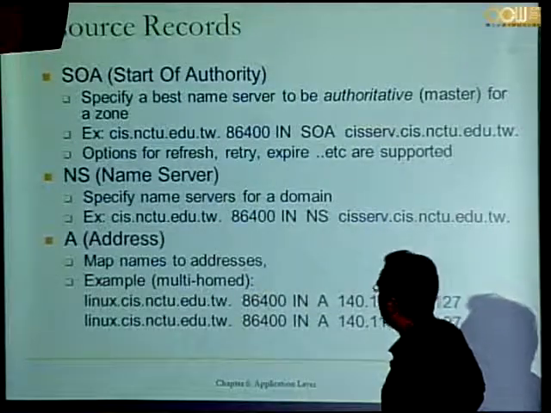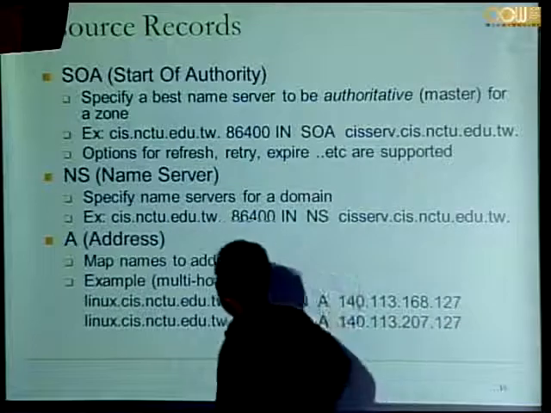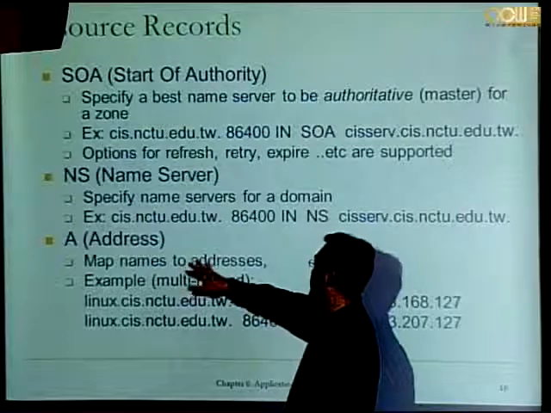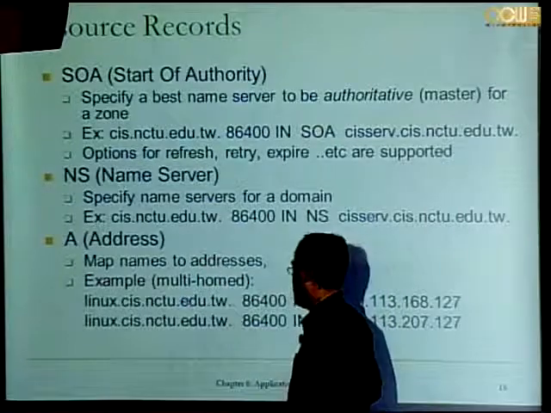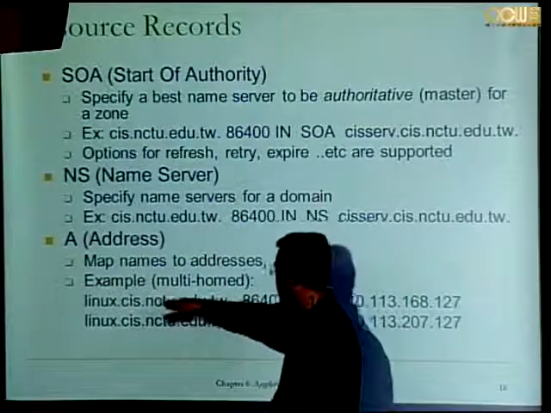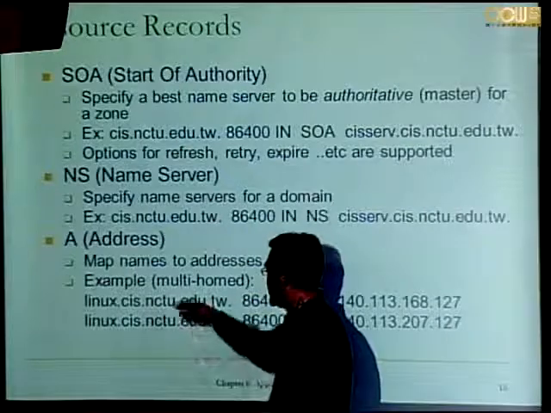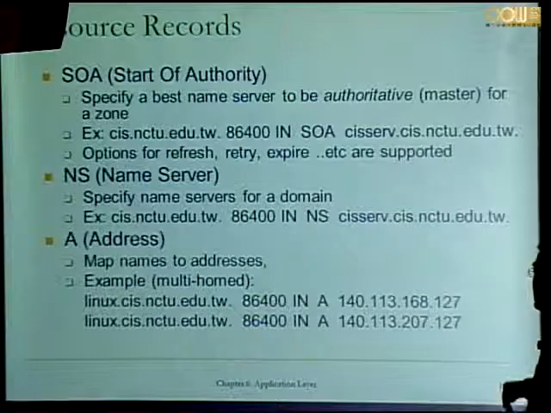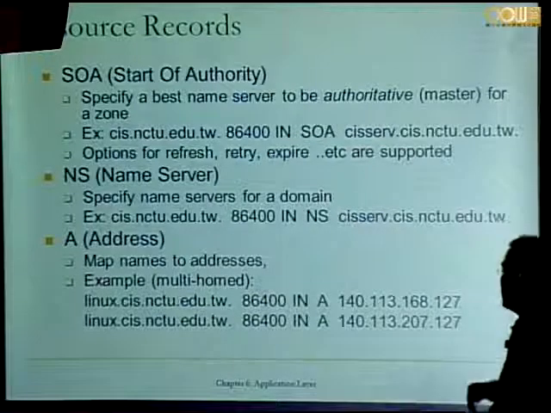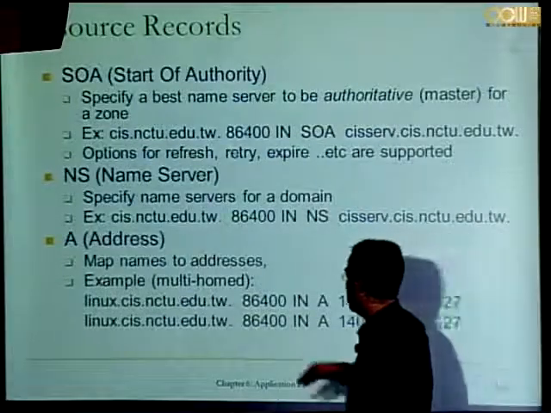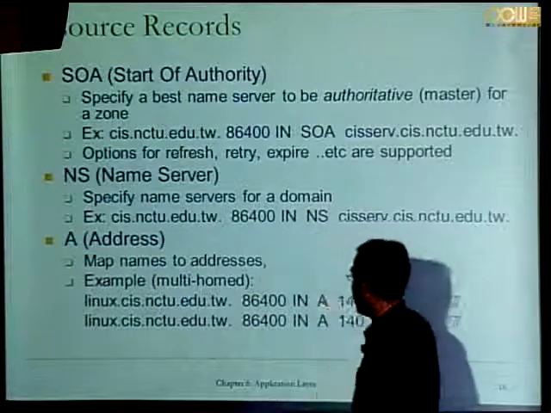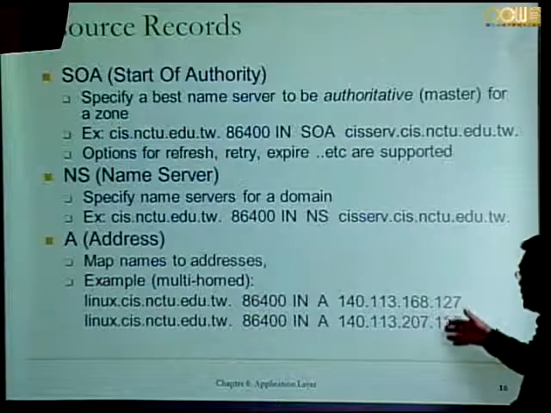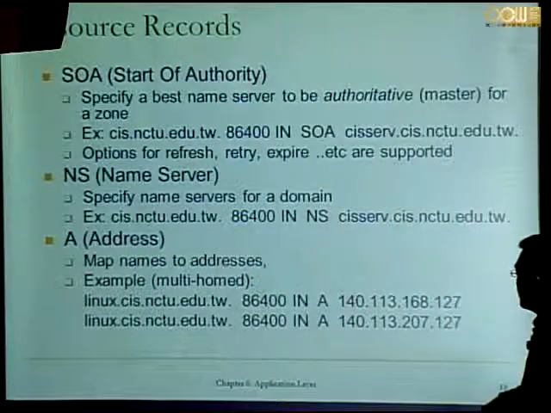And the resource record A will be used to map the domain name into an IP address. So I'm saying for this particular machine with this domain name, its IP address is this. And if this host has multiple IP addresses, I could specify multiple. In this example, I specify 2.